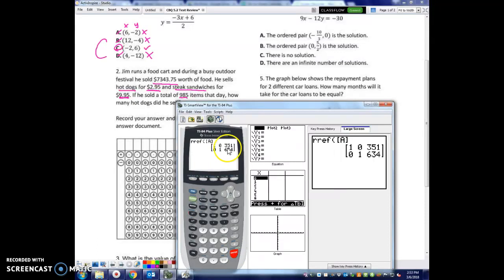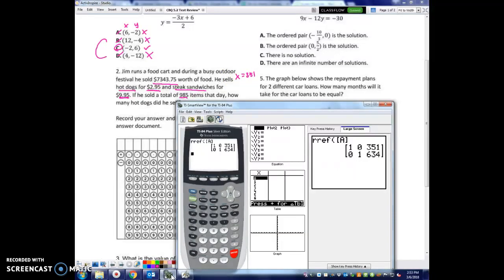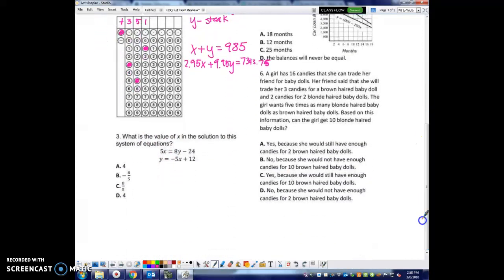Okay, so it says X is 351 and Y is 634. Okay, so which one are we looking for? They want to know the hot dogs. Okay, so it's 351. So positive 3, 5, 1. Okay, so we found that one. Let's move on to number 3.